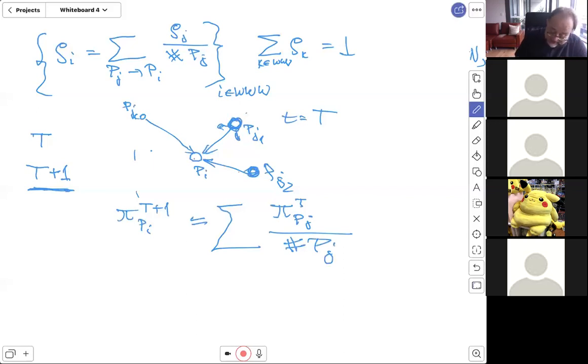on the page PJ, and we sum up this for all PJ that point out to PI, right? So the probability to end up here at PI after t+1 many clicks is equal to the sum of probability to end up at PJ1 divided by the number of outgoing links at PJ1, because you may choose the wrong link to follow.